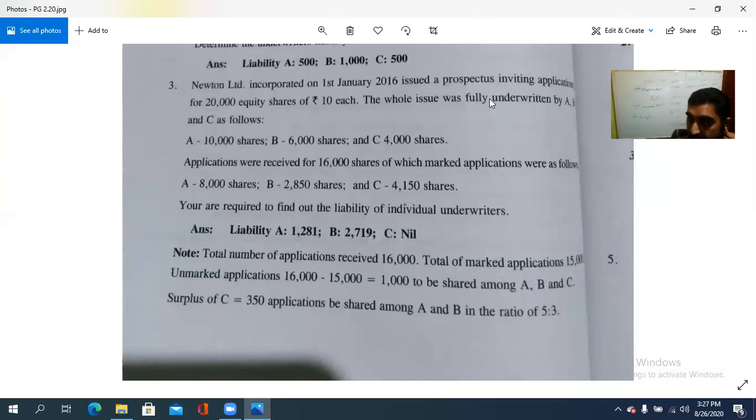So see, surplus is there. That surplus is to be apportioned among the other underwriters, so in this problem we are getting 1,281 for A as the net liability, and for B it is 2,719. So this is the net liability.